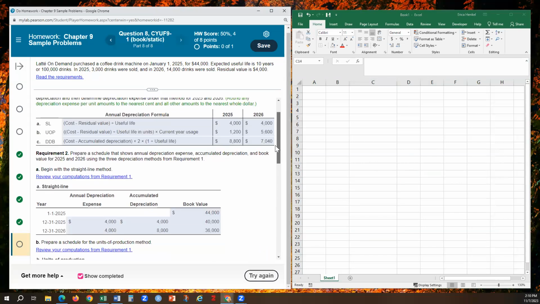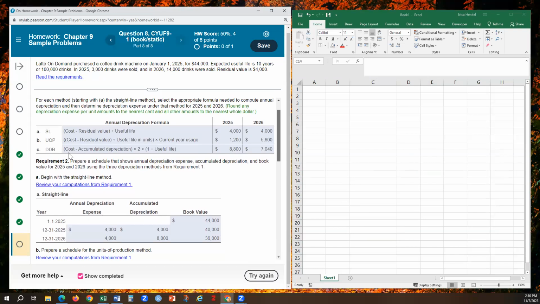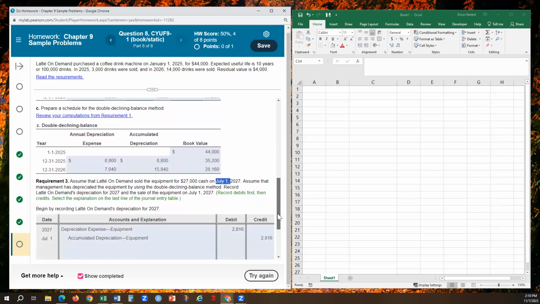So going back up here, if you remember, for double declining balance, we take the cost minus whatever accumulated depreciation we've taken so far. So we take that net book value, and then we multiply it times 2 and divide it by the useful life to get a full year of depreciation.